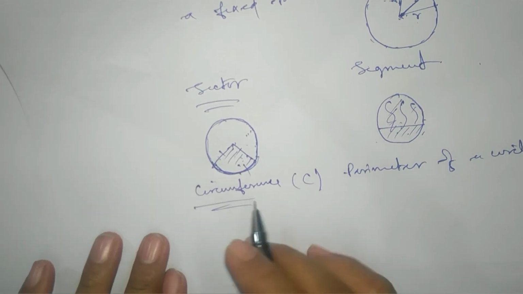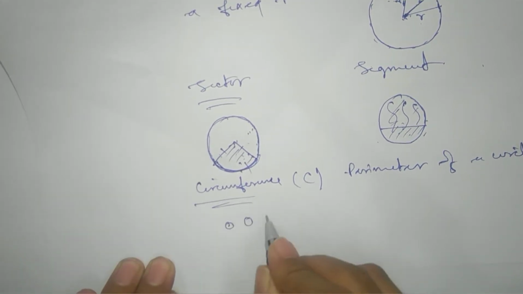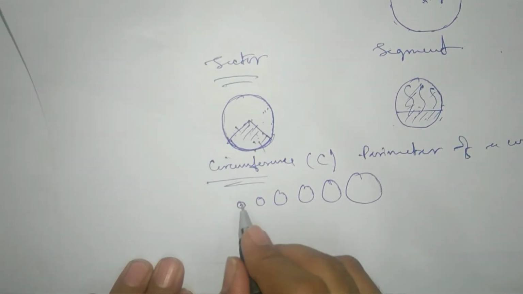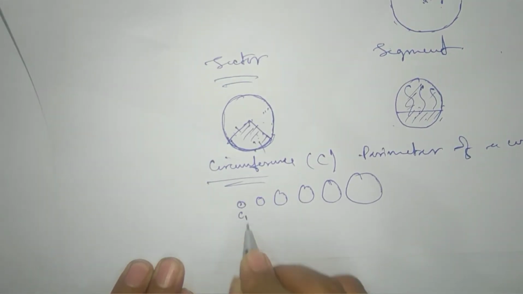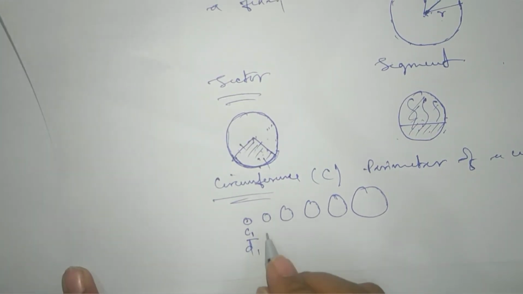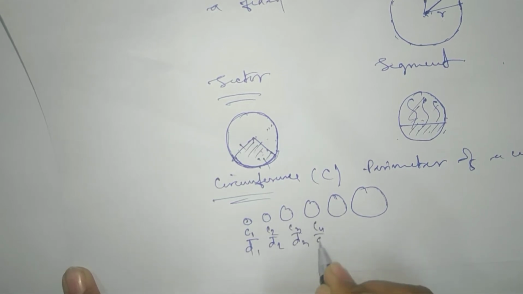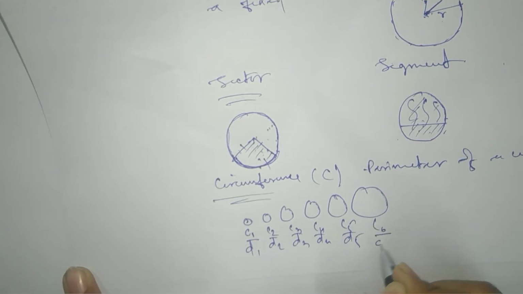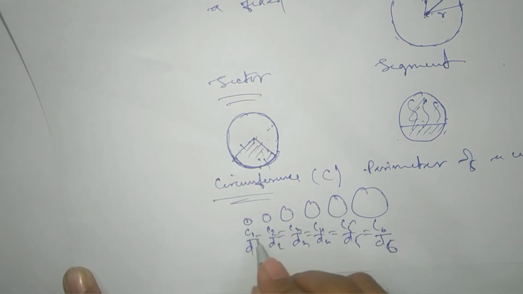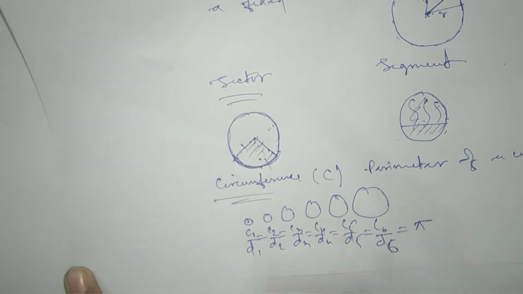If we take a small circle or a bigger one or a much bigger one, the circumference for this one is C1 and diameter D1, for this one C2 by D2, C3 by D3, C4 by D4, C5 by D5 and C6 by D6. What you can see is that all are equal to one another. If you take this ratio, we'll get pi.